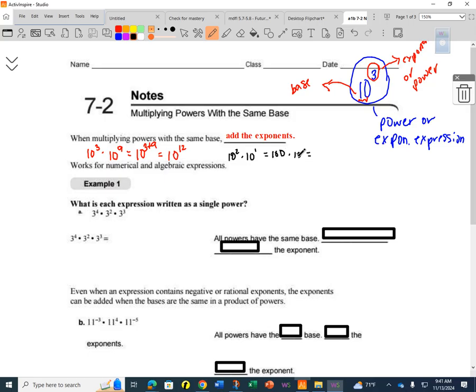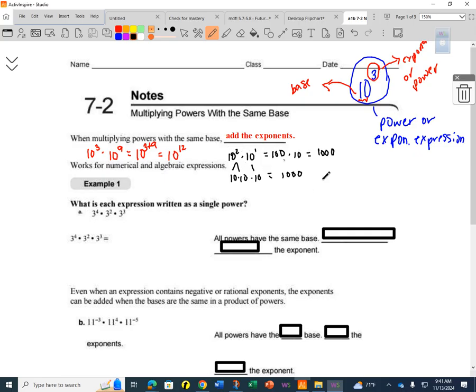So 100 times 10 is 1,000. And the other way we could look at it is that's 10 squared, so 10 times 10, that's 10 squared, times 10 more. 10 times 10 times 10 is also 1,000. Does that make sense?